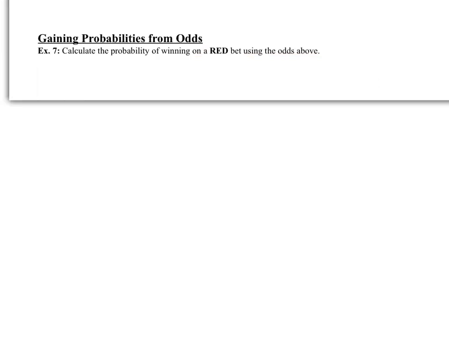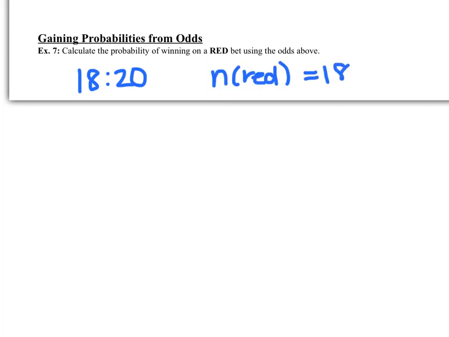So if I found in example 6 that the odds of winning on a red bet are 18 to 20, then how do I change those odds into a probability of winning on a red bet? Well, since we know that odds are written by comparing the probability of an event A to the probability of the event not A, and in this case, that's the probability of winning on a red bet compared to the probability of not winning on a red bet, so 18 compared to 20, we know that n of red is equal to 18, and n of not red is equal to 20.